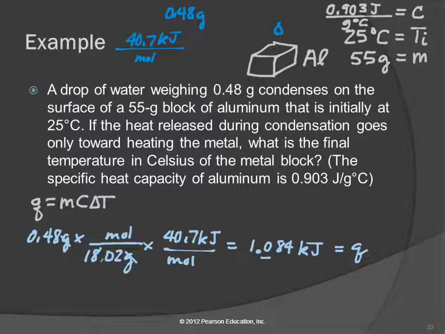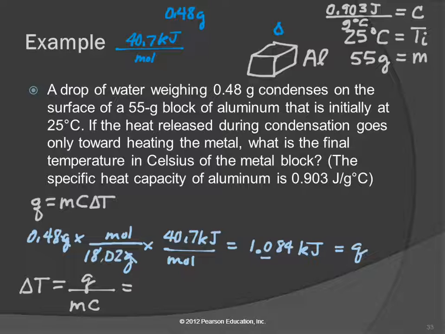Now I have Q, and I have C and M. I could find delta T. So that's what I need to do. I need to take this equation and solve for delta T. Delta T equals Q divided by MC.